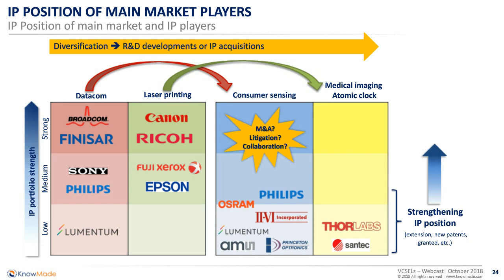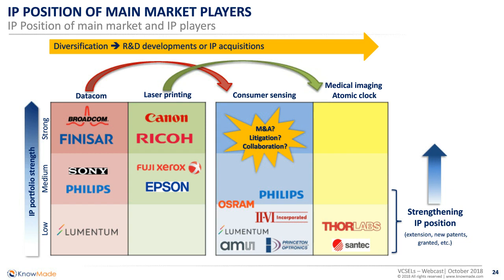You have a first strategy that is the main IP players that come from other markets, especially datacom and laser printing, that are trying to enlarge their IP portfolio by addressing new applications. So the laser printing players address small or medium-sized markets that are medical imaging or atomic clock. And the datacom players are more looking into the consumer application.